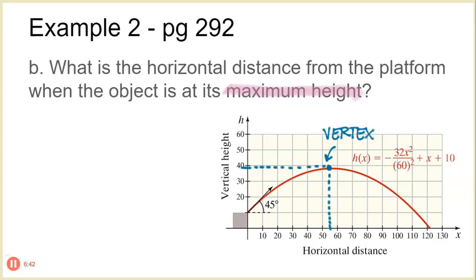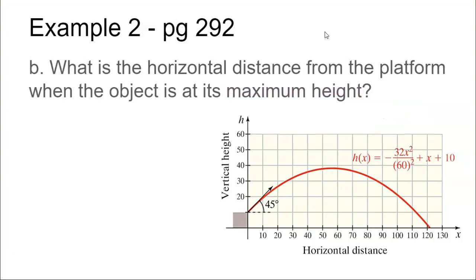And because that's the vertex, I can use that formula that we talked about, which is X equals the opposite of B divided by 2A, and that will give me the X value of the vertex. So in this case, it will give me the horizontal distance. And once I know that horizontal distance, I can substitute that back into my equation here, and I can then find the height. And so I would be able to answer both parts B and C.